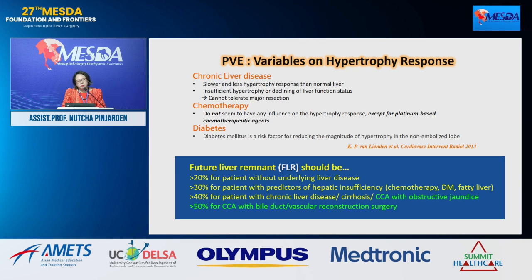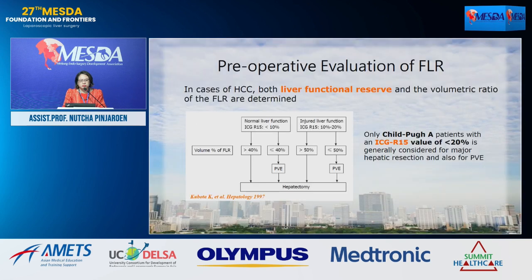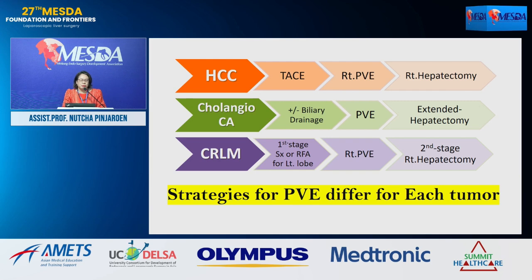Also, some patients with previous heavy chemotherapy treatment and also diabetes may not get very good hypertrophy even after PVE. And not only the volume, I think you all know that function plays a role in the FLR as well. So ICG is usually considered in cases where aggressive surgery is needed.